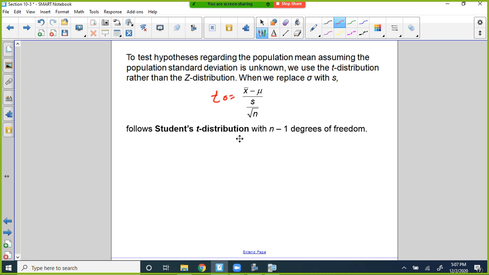And it follows the student's t distribution with n minus 1 degrees of freedom. Remember that n is the sample size, right? So if it was 35, the degrees of freedom would be 34, right? So just another set of formulas. But again, these formulas are only for you to reference because we're going to do this on the calculator, okay?